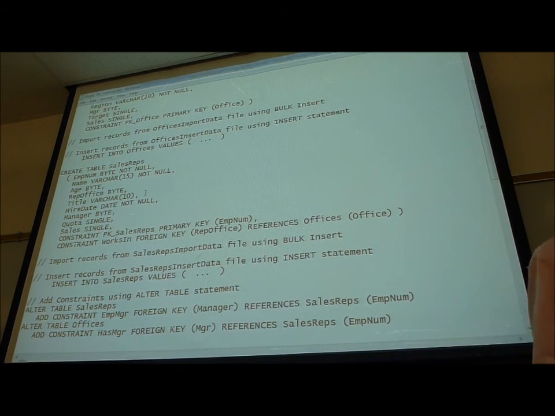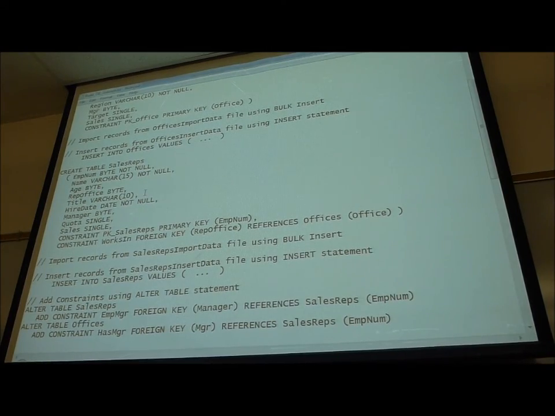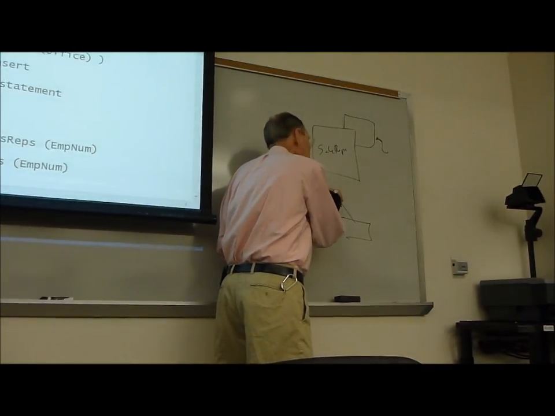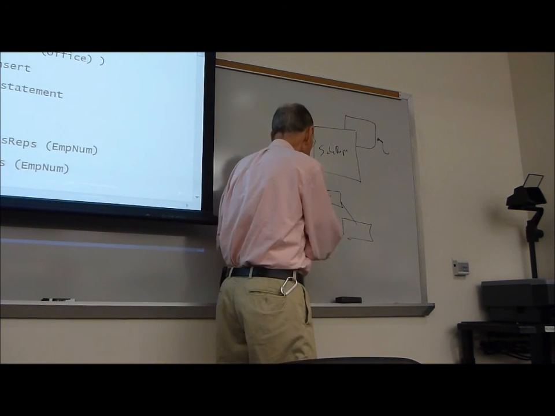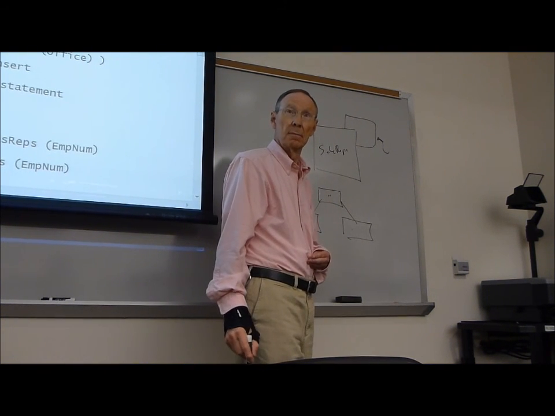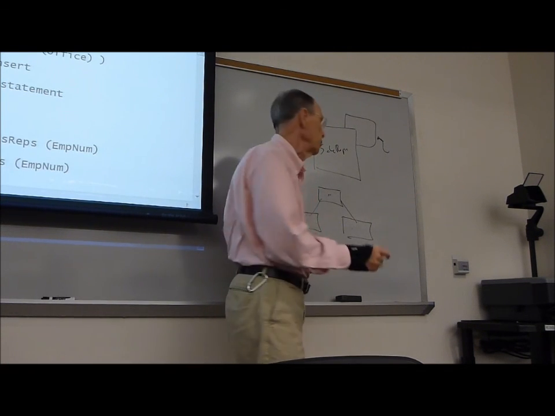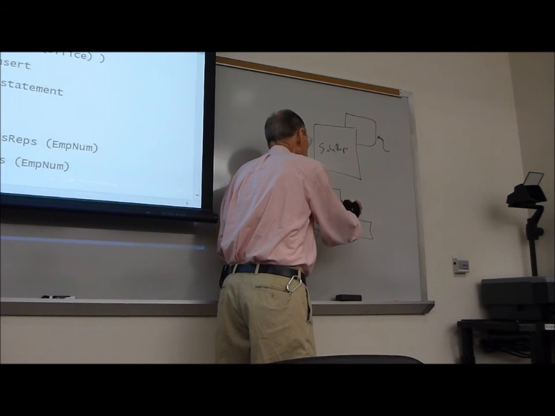If you put out these names and drew a little chart, here's the top boss, and here are maybe a couple of supervisors who report to him. He's got to be in place first before you can insert these guys, because you're going to refer to them.